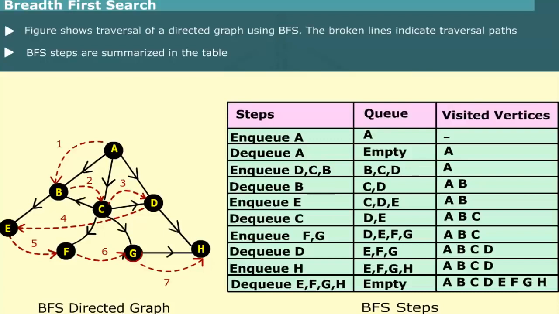C's neighbors F and G are enqueued. D is dequeued and processed. D's neighbor H is enqueued. E, F, G and H are successively dequeued and processed. Click the button to watch the visualization of BFS algorithm.